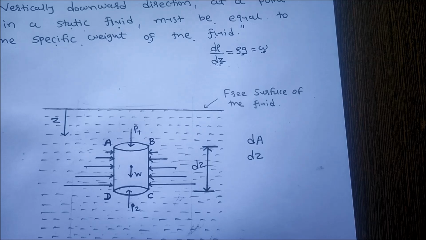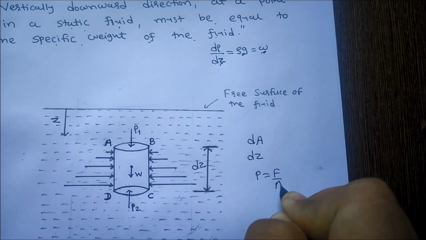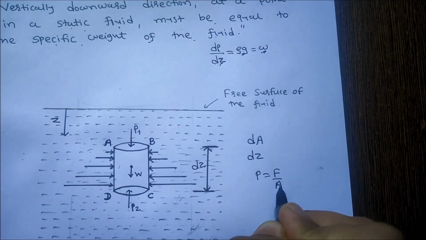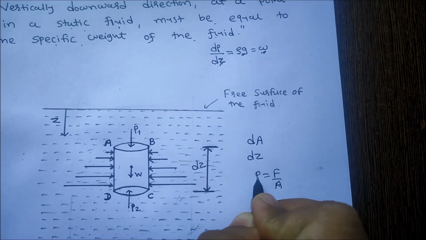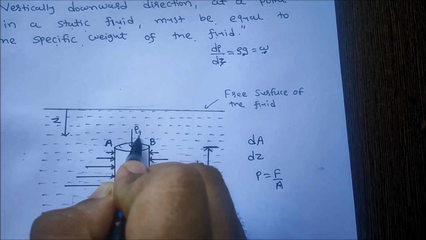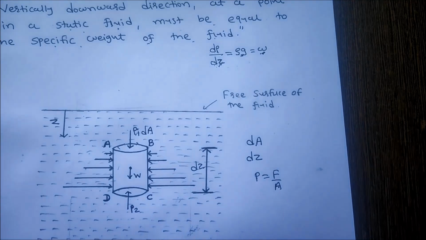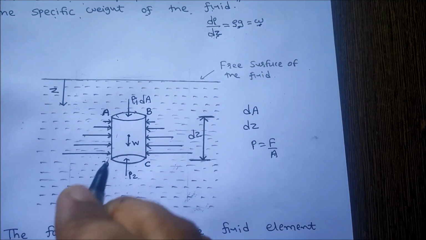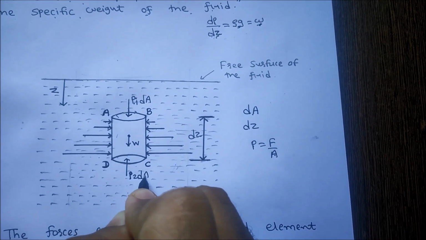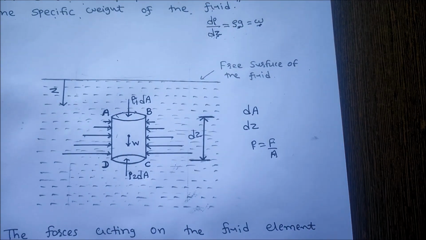What is the meaning of pressure? Pressure means force per unit area. So pressure force means pressure into area. So pressure force on AB is pressure multiplied by area, so P1 into dA. Similarly, pressure force on CD is P2 into dA, because pressure force is pressure into area.